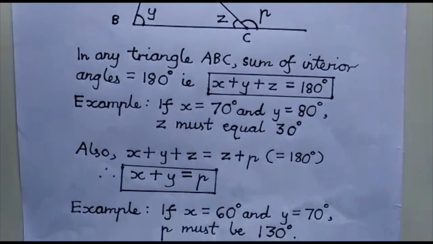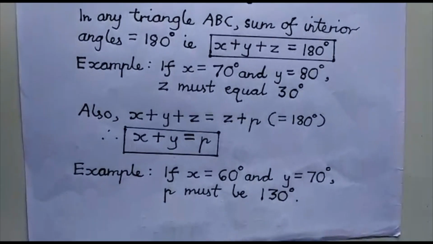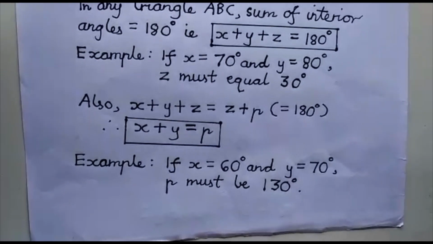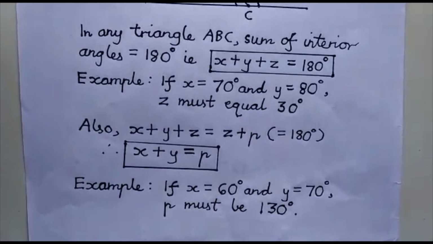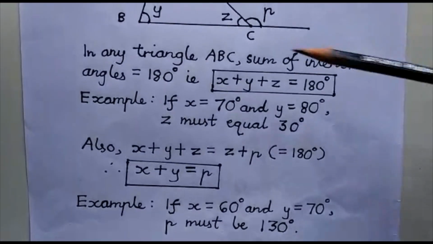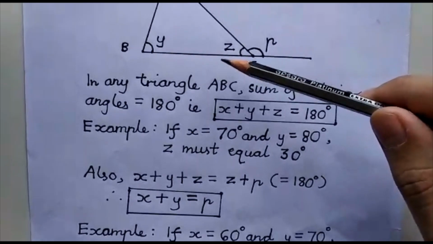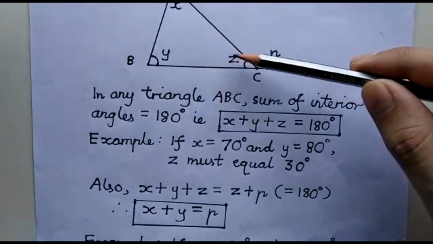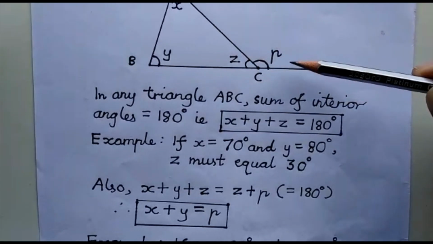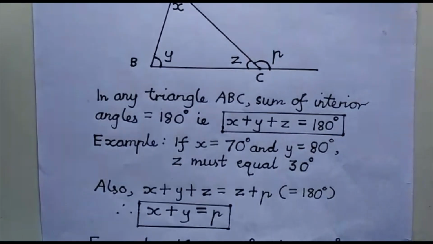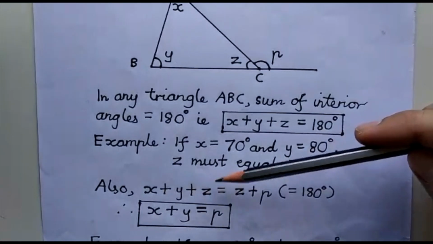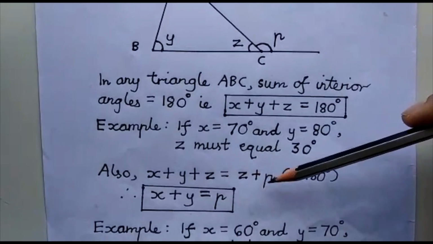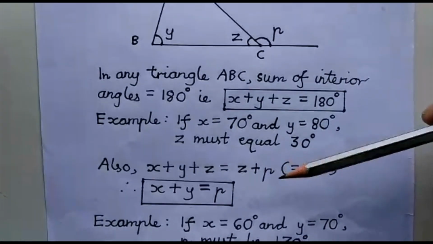Now let's do the exterior angle theorem. We know that X plus Y plus Z equals 180 degrees. Also, if we have a straight line, the straight angle formed is equal to 180 degrees. So this means that this angle here, Z plus P, is equal to 180 degrees. Thus, X plus Y plus Z equals Z plus P, as both are equal to 180 degrees.